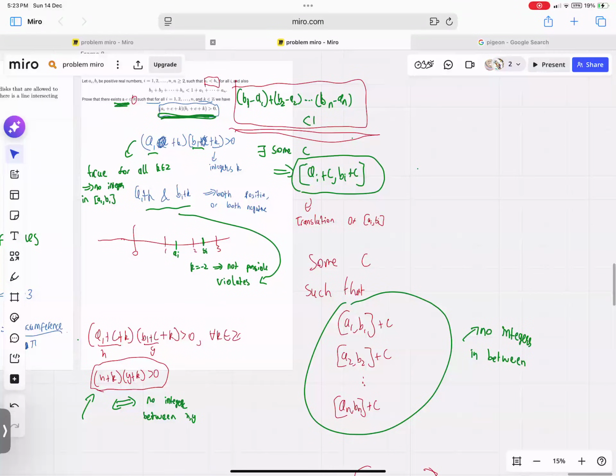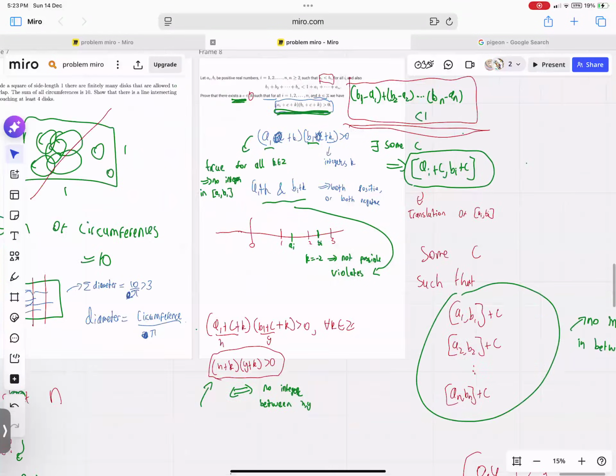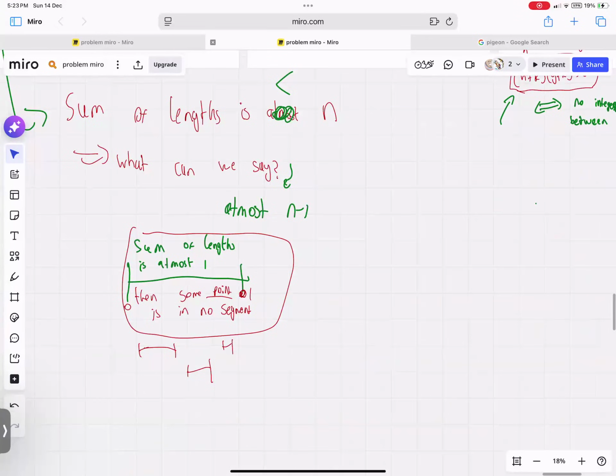So do you all see how to finish from here? It's essentially just the observation. Since the sum is greater than or equal to n, we just have at least one point which passes through all of them, and then we're done. Actually, it's the exact opposite of what I said.